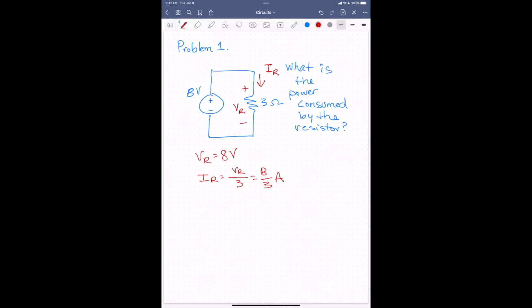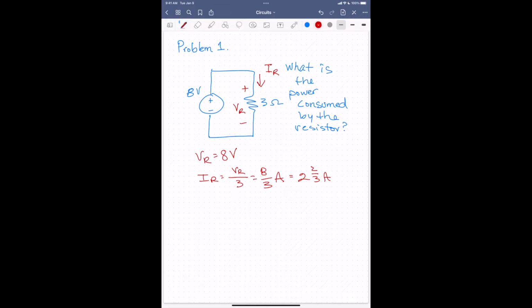I find that it's usually easier to leave it as fractions at this point, so we'll just leave it at 8/3 amps. Of course, that is 2 2/3 amps. But if we leave it as 8/3 amps, we'll have fewer numerical problems, and it's actually a lot quicker and easier.